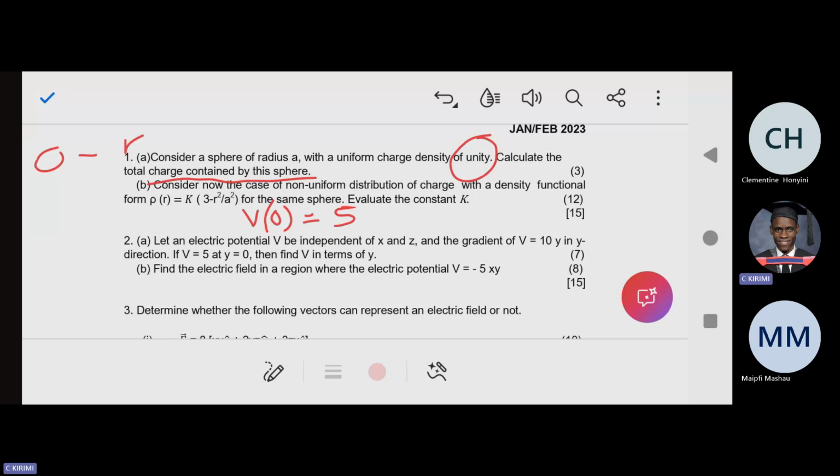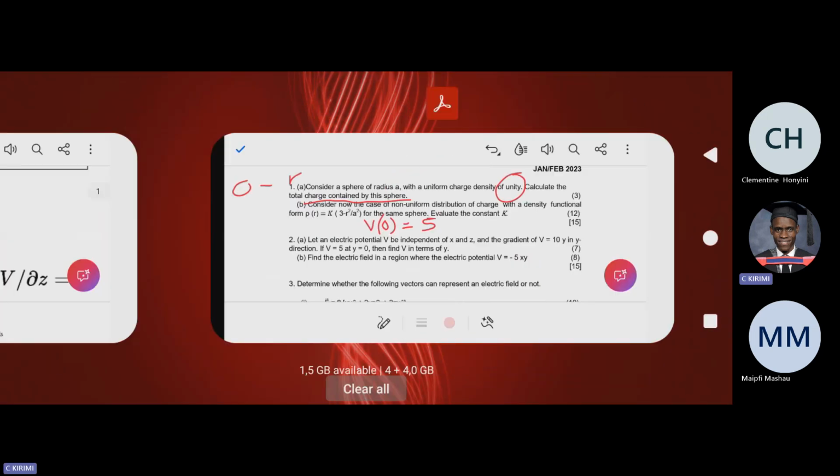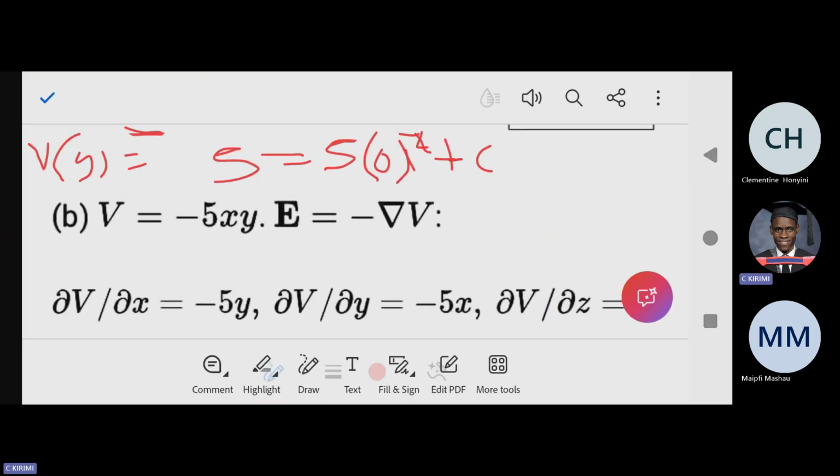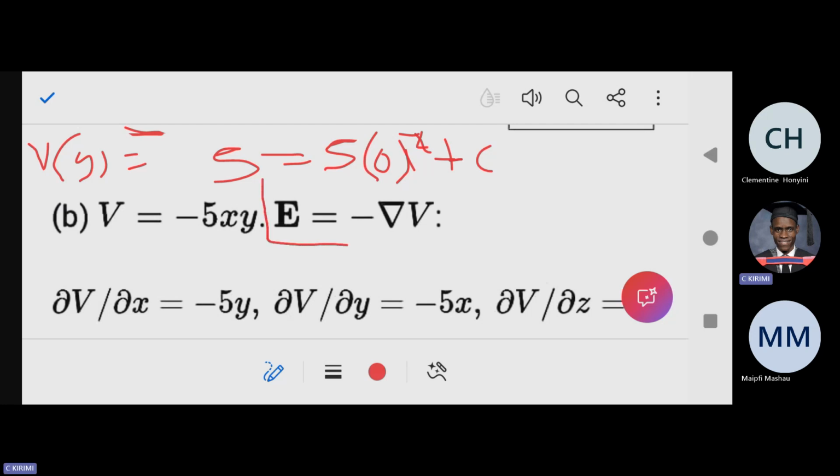If you are calculating that electric field E, you must know the definition. E is always, this formula you must know by heart, minus grad V. So if I want the partial of V with respect to x, we differentiate V with respect to x, and you get minus 5y.